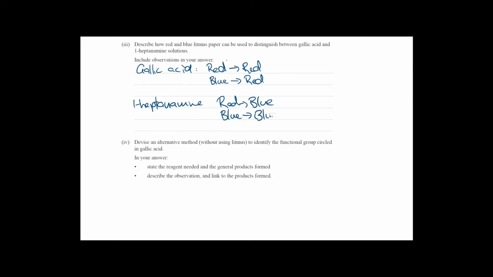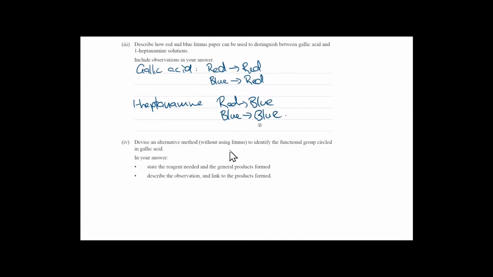So for the gallic acid, I mean, it's acid, and presuming the litmus paper does react to it, the red litmus paper is going to stay red, and the blue litmus paper is going to go red. For the heptanamine, the red one is going to go blue, and the blue one is going to stay blue.